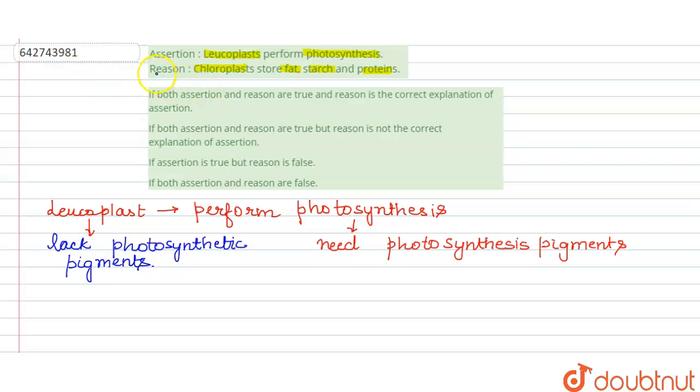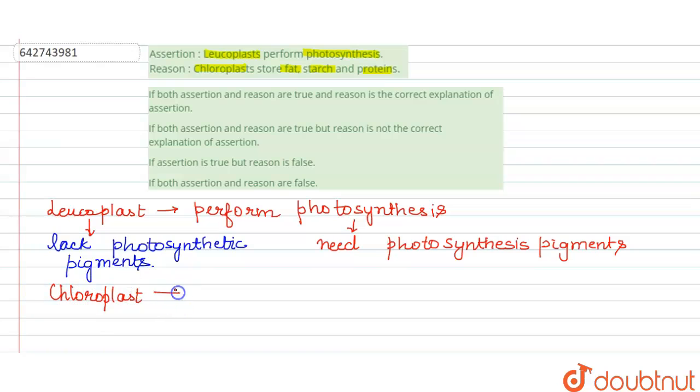Now coming to the reason statement, it says that chloroplasts store fat, starch and proteins, right? They are asking us here about the chloroplast.